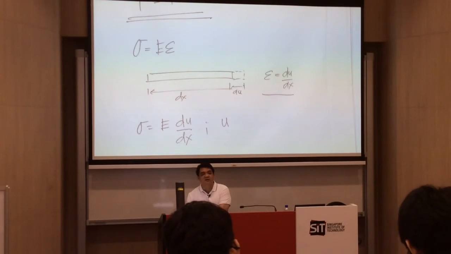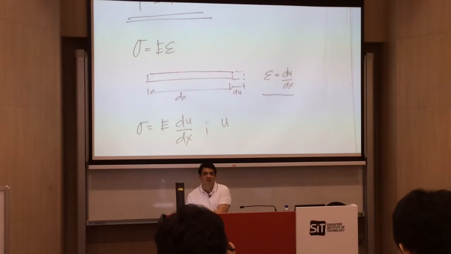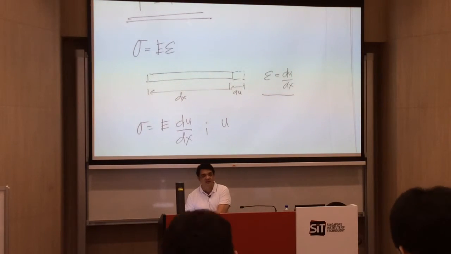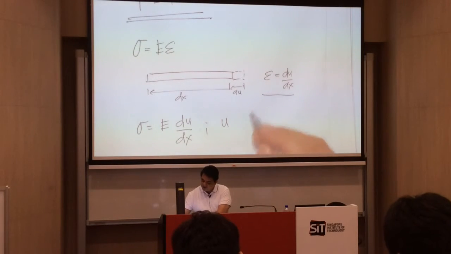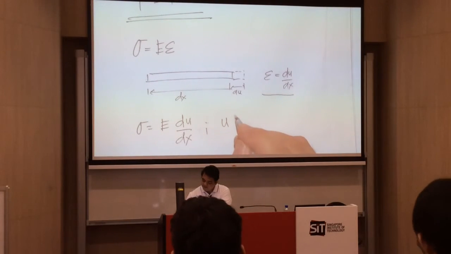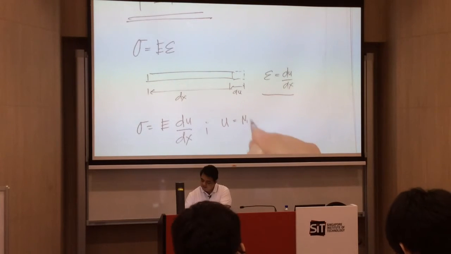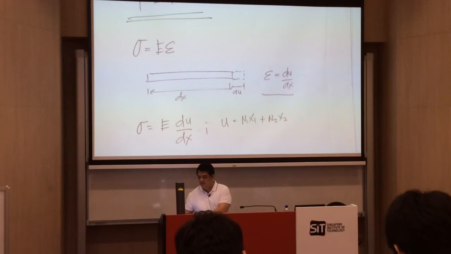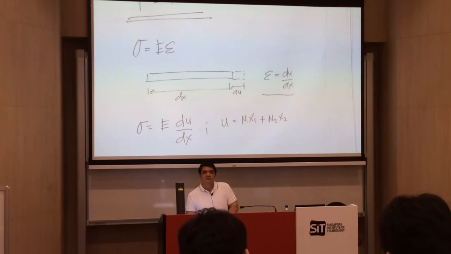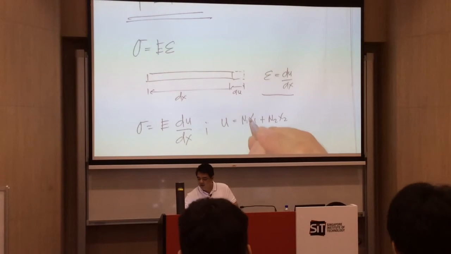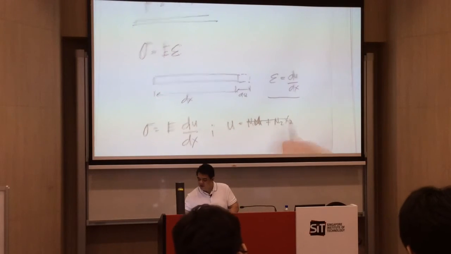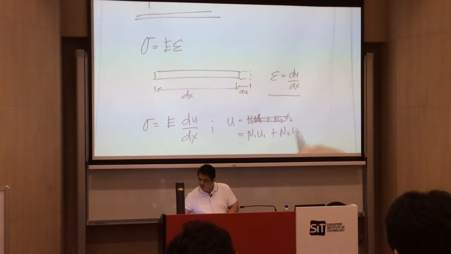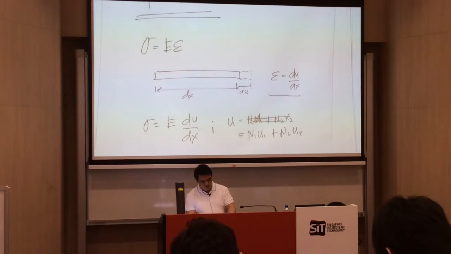We were able to get an expression of our strain as a function of u1, u2, and shape function 1 and shape function 2, yes? So we have u equal to n1 u1 plus n2 u2.